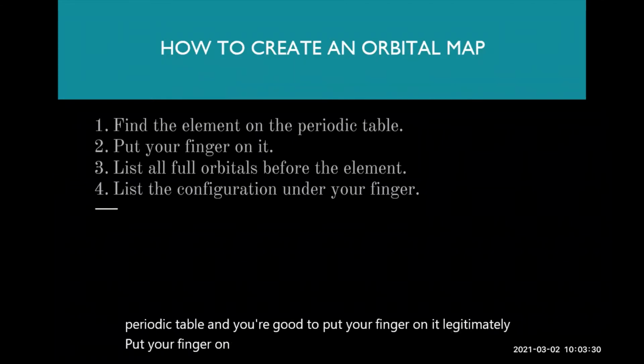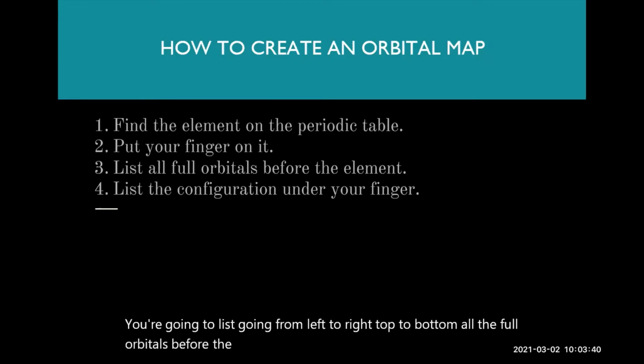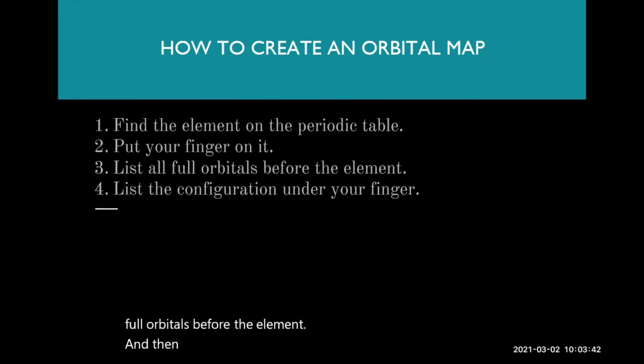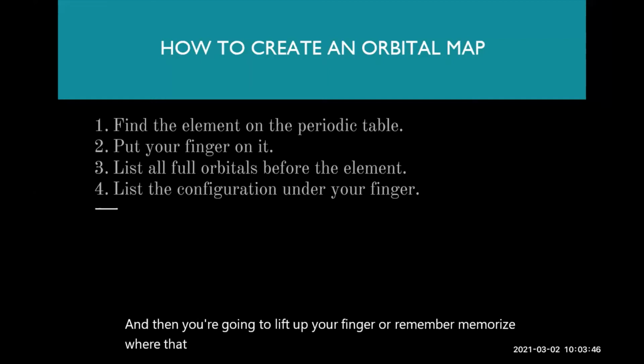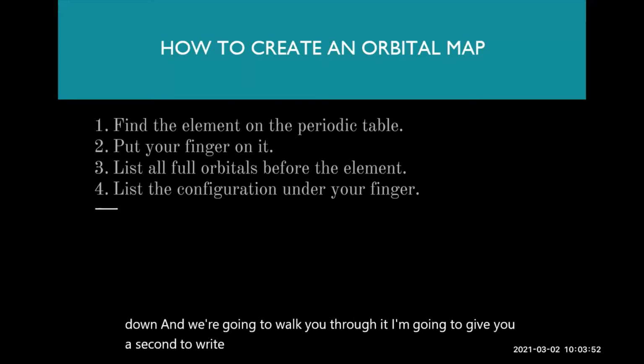Boink. You're going to list, going from left to right, top to bottom, all the full orbitals before the element. And then you're going to lift up your finger or memorize where that is, and you're going to put what is under your finger down. And we're going to walk you through it. I'm going to give you a second to write down these 4 steps.